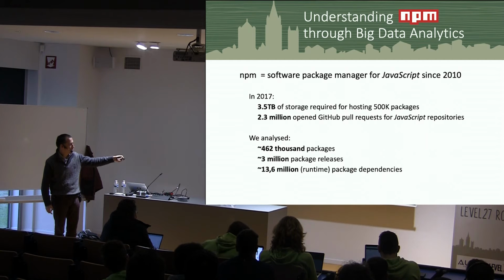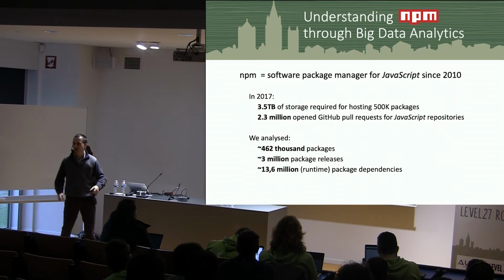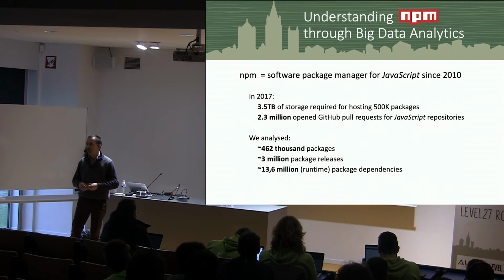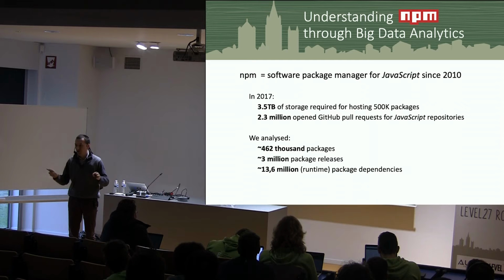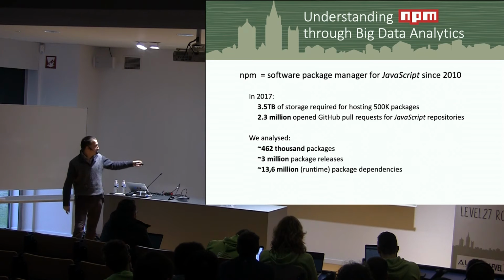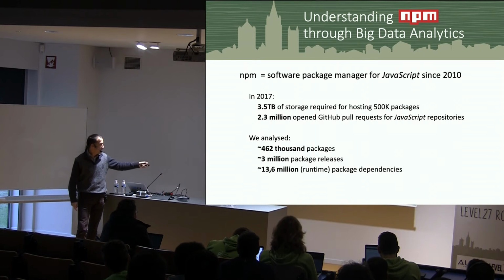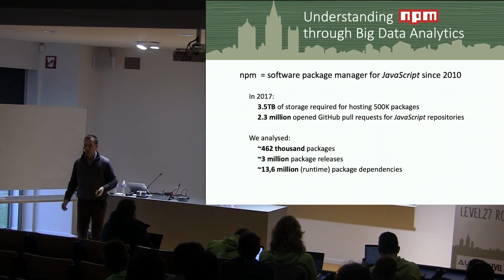It's a little bit less than the number of packages in NPM because there are some strange packages that you don't want to analyze because they are not real packages. 3 million package releases and 13 million package dependencies. Only runtime package dependencies, only those that you will actually install when you deploy your package.